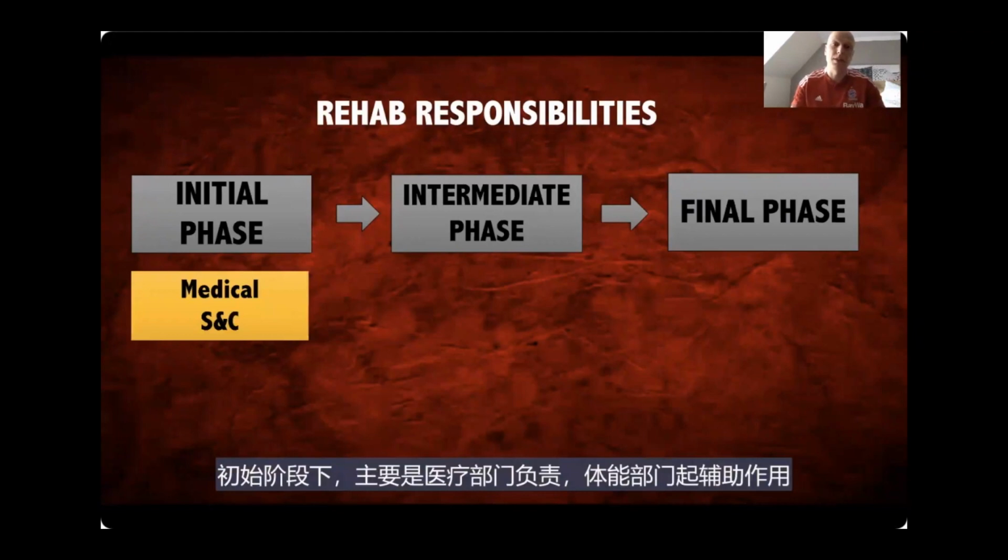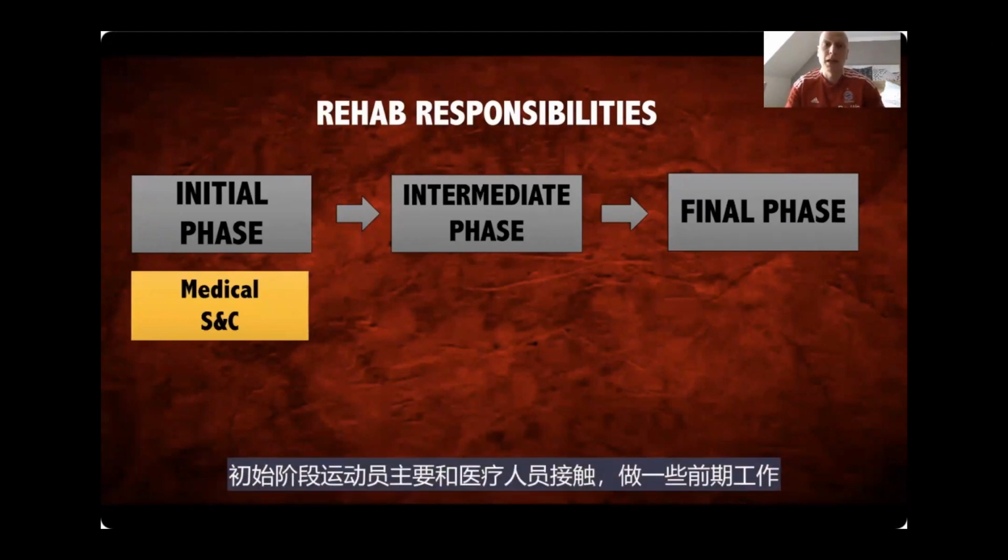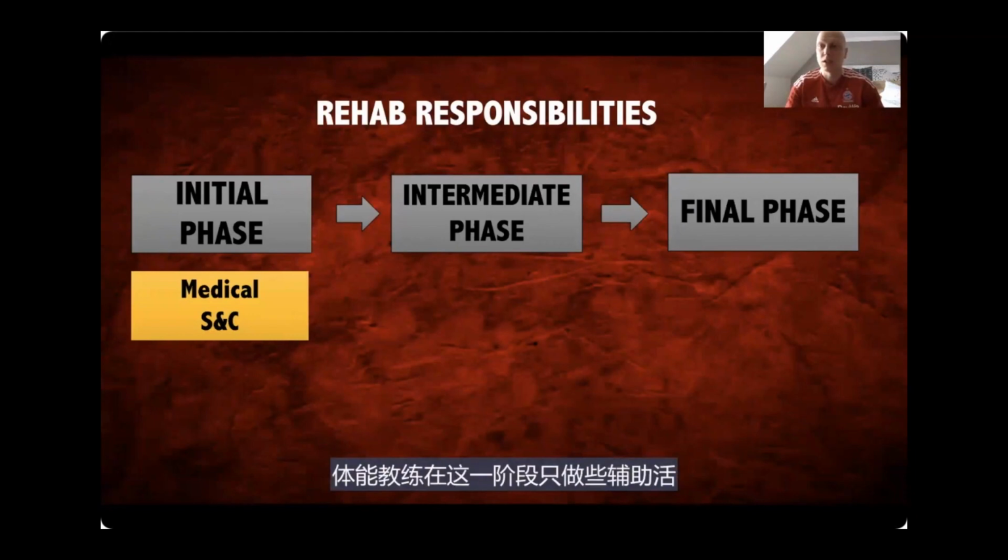So in the initial phase, as we said, the medical department is there to control the whole process, and of course the strength and conditioning department is there to help and support, but mainly in the initial phase of rehab, the player is usually more time with the medical staff working to improve different things that he has to improve, and then strength and conditioning coaches are there just to support this phase a little bit.